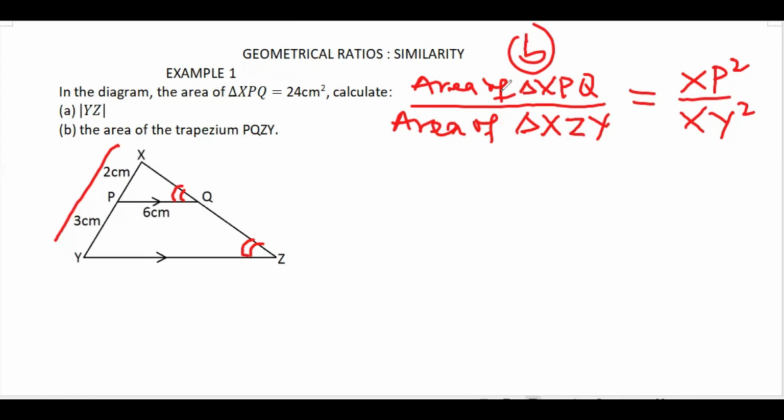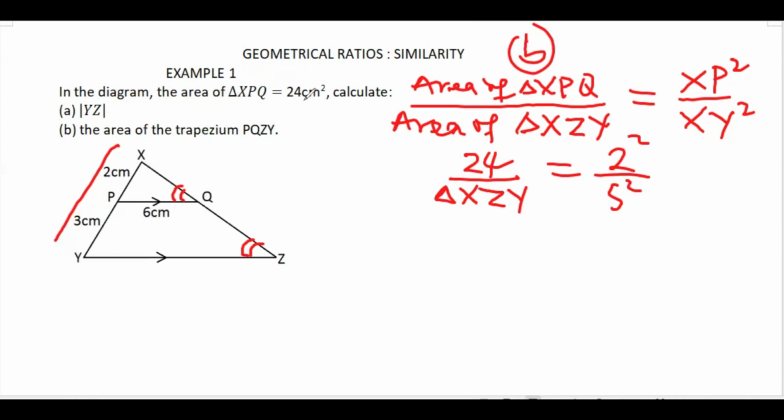We now substitute. What's the area of triangle XPQ? That's 24. 24 over the area of the second one, we don't know it, that is triangle XZY, equals XP is 2, that is 2 squared, over XY is 5, that is 5 squared.